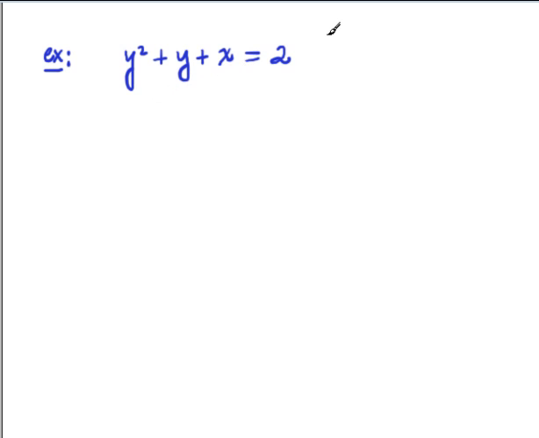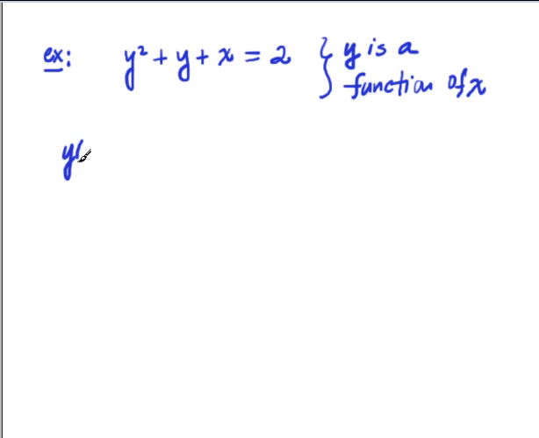And keep in mind that we are thinking of y as a function of x. So we'll write y is a function of x. Just to emphasize that, instead of writing y, I'm going to write y of x.